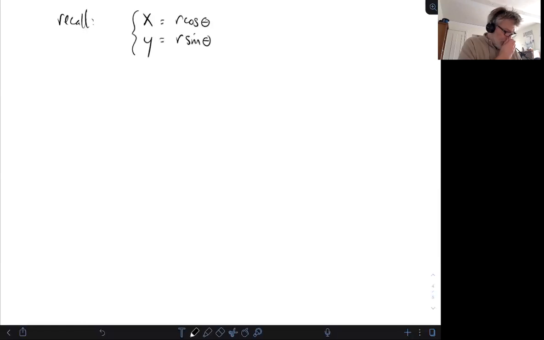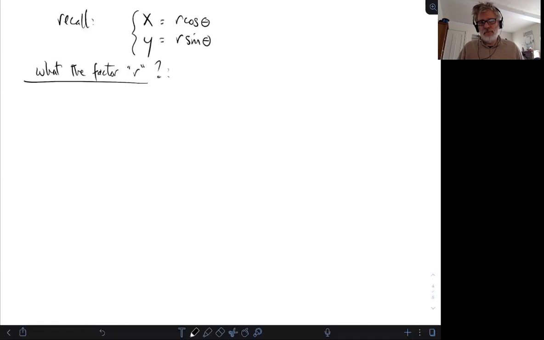I'm replacing x and y by r cos theta, r sine theta. That makes perfect sense. Now, what about the factor r? What does that mean? Where does it come from? This is a bit difficult to explain.